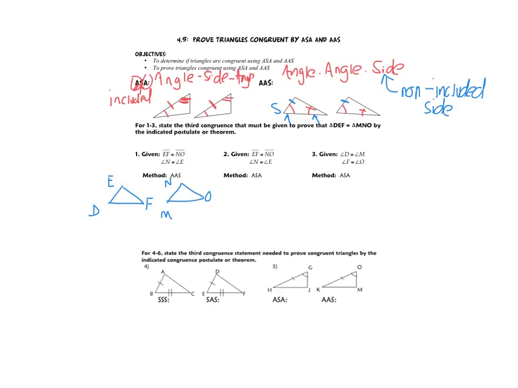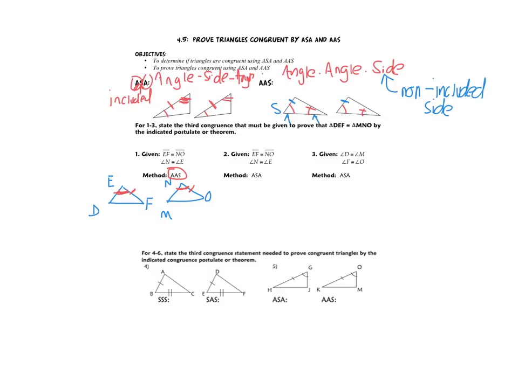Alright, let's go ahead and put marks where they want me to mark stuff. They told me that EF is congruent to NO, alright, marked. Angle N is congruent to angle E. Okay, so I need to do angle, angle, side. That means I have to be very careful to mark the correct side.